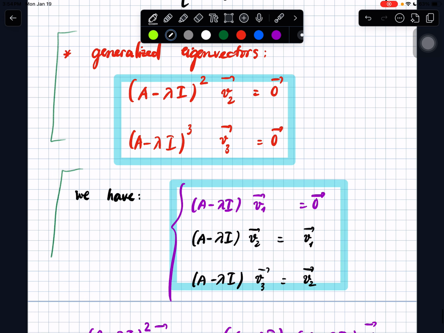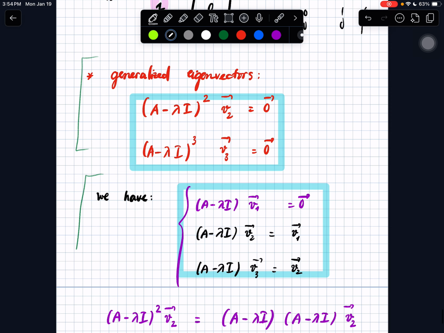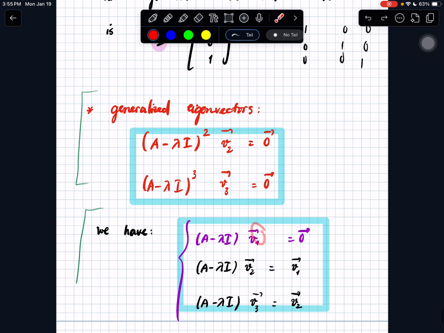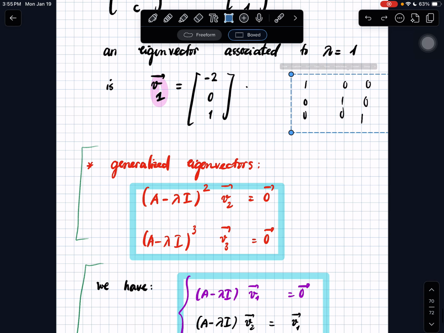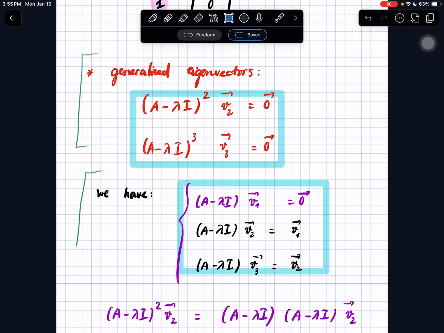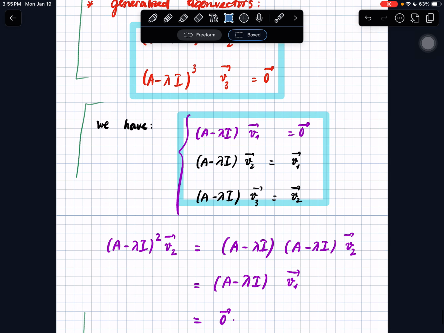You just need to make sure that from v3 we can build back to v2 and v1, so that the chain lasts. If the chain lasts until v1, then when we multiply by this matrix to get a vector, and again to get another vector, the last vector v1 is non-zero. That would be the perfect chain we need to create: one actual eigenvector and two generalized ones.